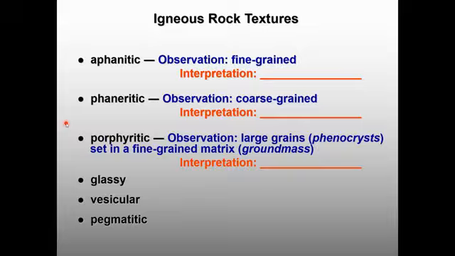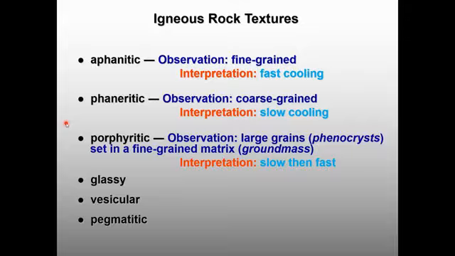So what do those mean? And we have some other textures. You see they're glassy, vesicular, pegmatitic. What do those different things mean? Well, we have to kind of interpret those. So fine-grained igneous rocks, we interpret as cooling very fast from a magma or a gas. That means the crystals didn't have very long to grow. Phaneritic, coarse-grained rocks, well, they cool slowly.